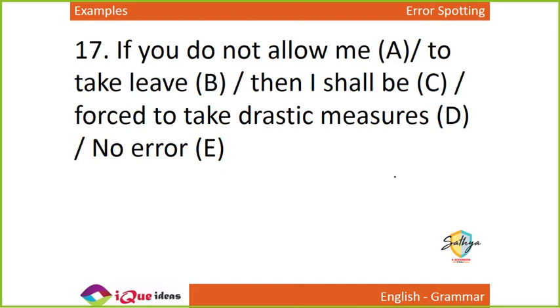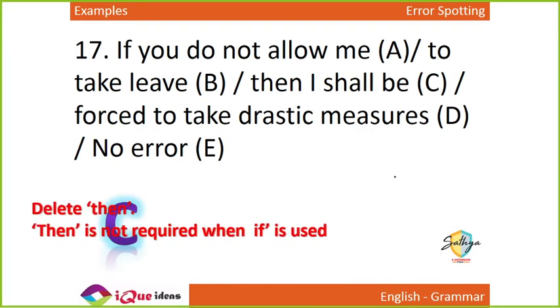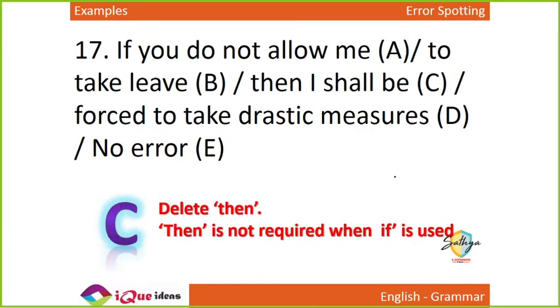Okay. So the error is actually in part C. And the rule is when if is used, then is not required. If you do not allow me to take leave, I shall be forced to take drastic measures. Whenever if is used, then is not required. Right? This was there in 10th grammar.